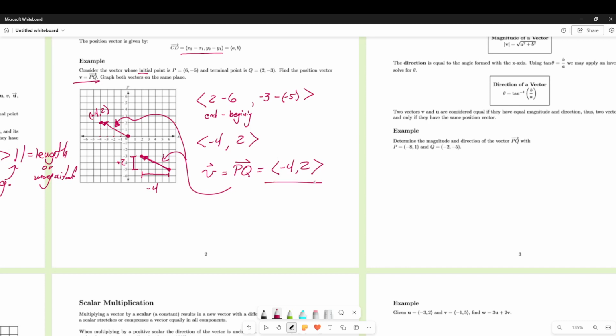This notation kind of expresses a standard position vector because it matches with the coordinates of the terminal point. But try not to lose sight of the fact that those are the same vector. So given any initial and terminal point, that makes it seem like it has to be in this location, but that's just the location of the event that we're saying occurs.